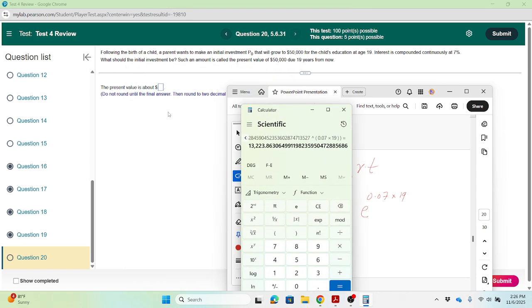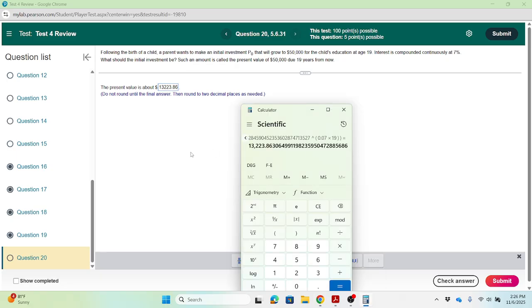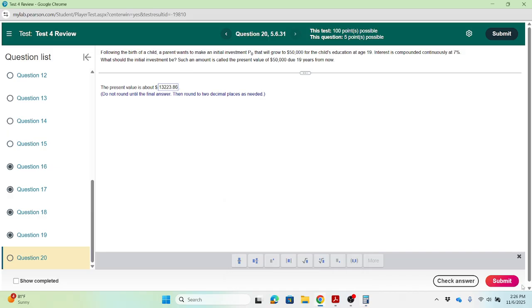Do not round until the final answer. This is the final answer, rounded to 2 decimal places: $13,223.86, or $13,223 and 86 cents. That's the amount you need to invest today to have 50,000 in 19 years with a 7% interest rate.